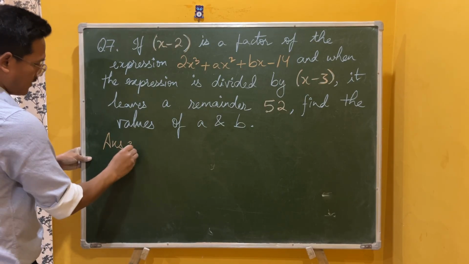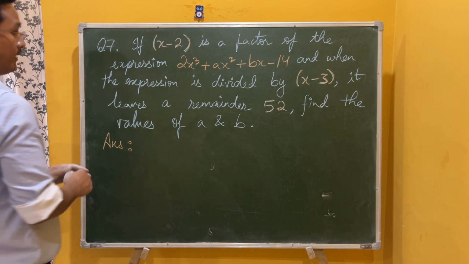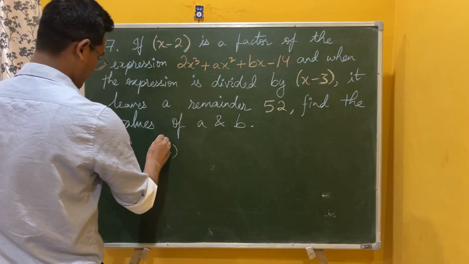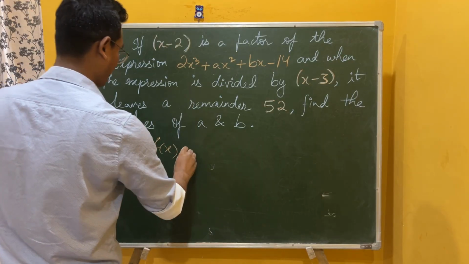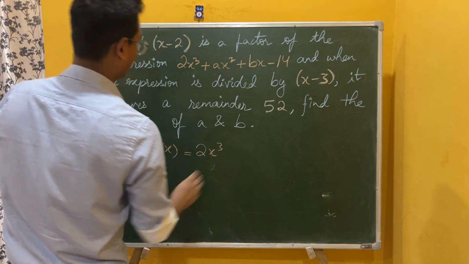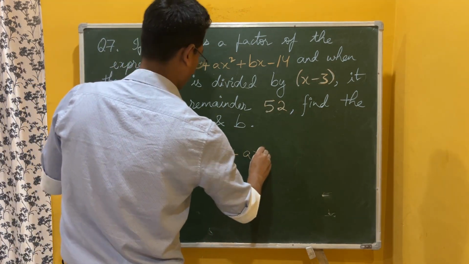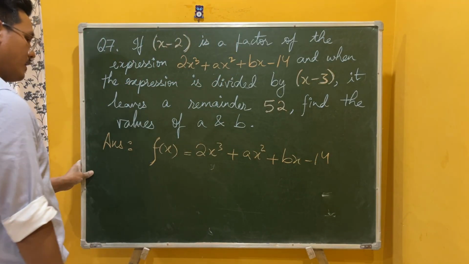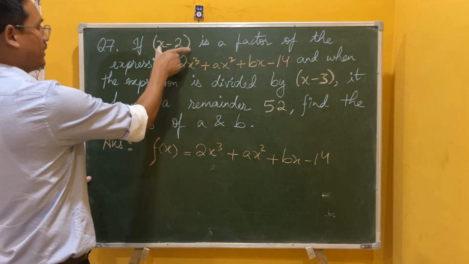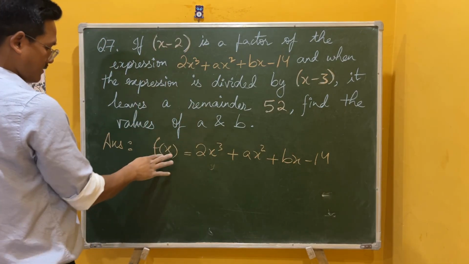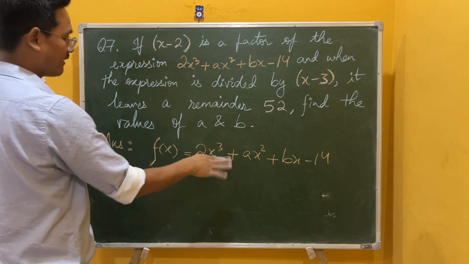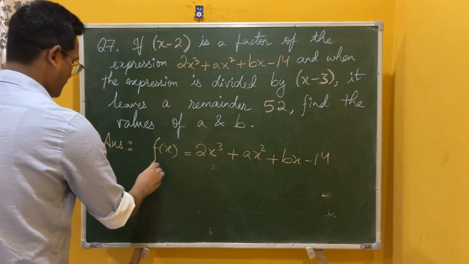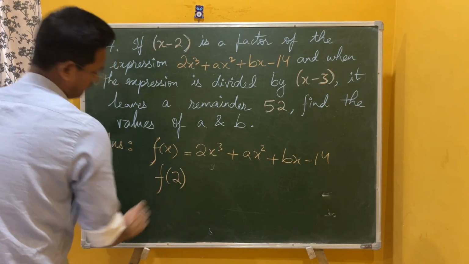So let us solve this question. First, we'll name this polynomial. Let's give it the name f(x). Now, x minus 2 is a factor of f(x), which means this divides f(x). So if this divides f(x), then the remainder is given by f of 2, isn't it?